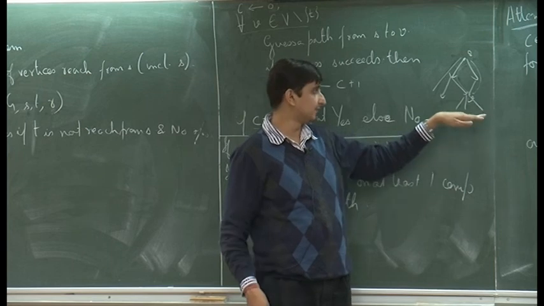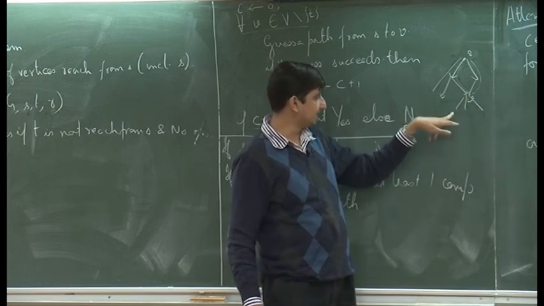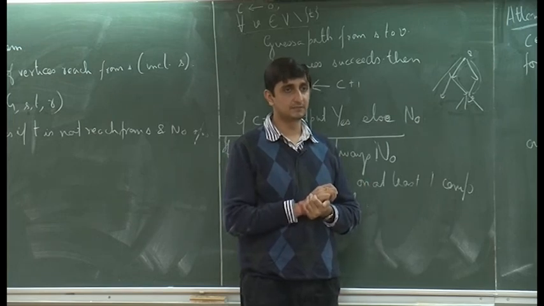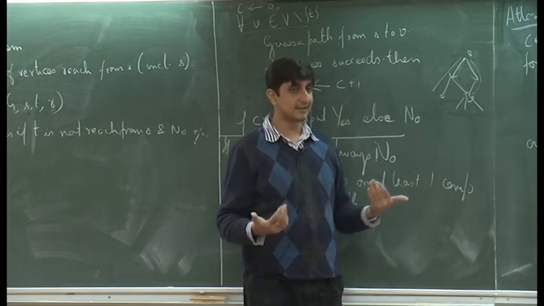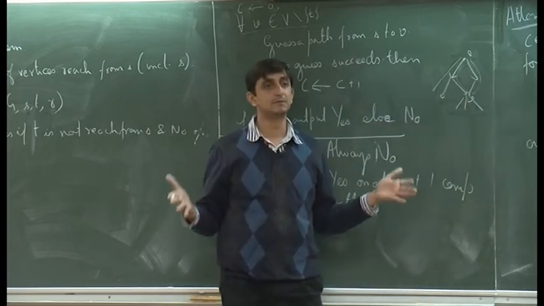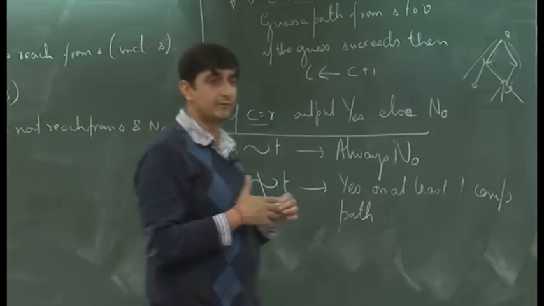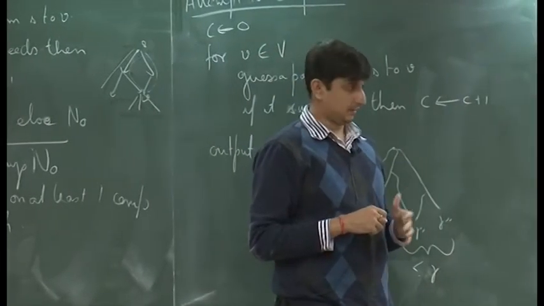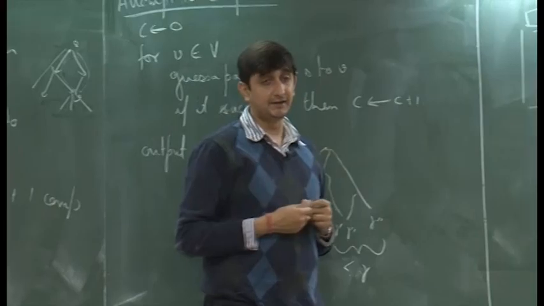My transition function will take the machine simultaneously to all these possible vertices. So, when I say I am guessing a path, it means that I am simultaneously trying to look at all possible paths. If you have any other questions, I think we can take them offline, and we will complete the proof next time.